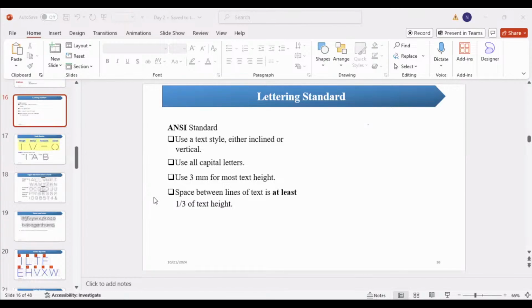And the space between lines of text is at least 1/3 of the text height. ඒ කියන්නේ එක ඉරක් ලියලා මේක උඩ අපි දැන් ලියාගෙන යනවානේ. ඊළඟ ඉර එන්න ඕනේ text height එකෙන් තුනෙන් එකක්.